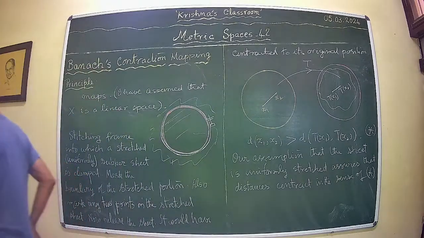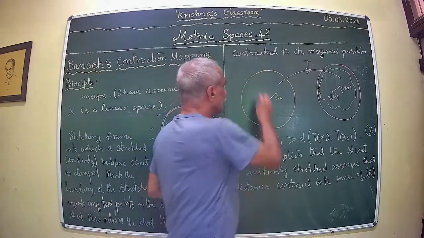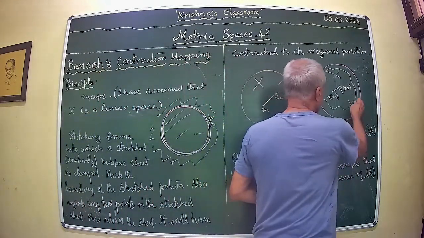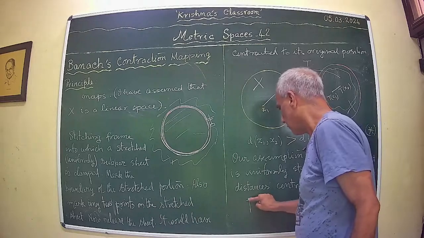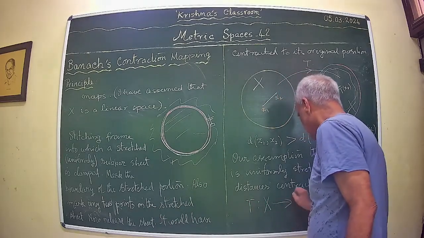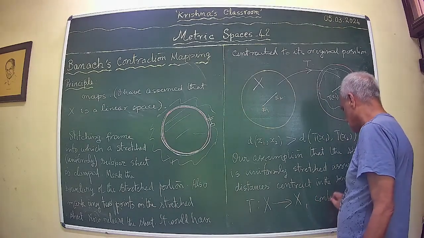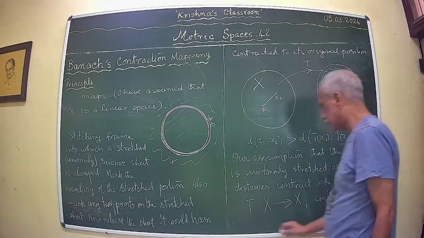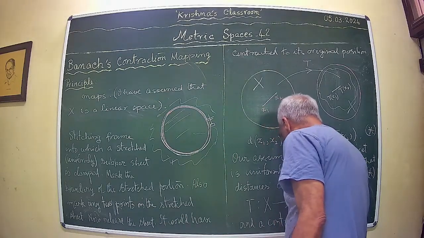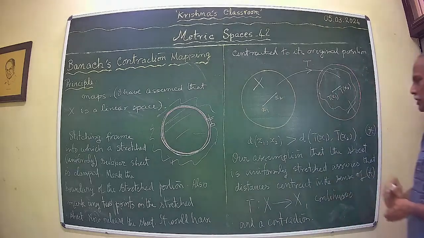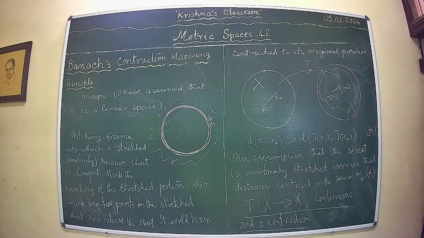So let us mathematically formulate it. You have a map T from X into X, and by the way in which we have assumed, it is continuous and a contraction.